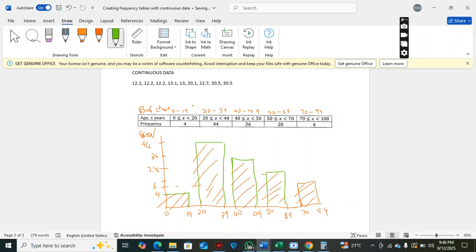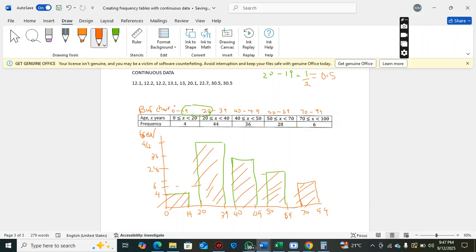We look at the upper limit for one class and the lower limit of the next class. Let's say this one, 20 minus 19, that is 1. You divide it by 2. After you find the difference between the upper limit of one class and the lower limit of the other class, you divide by 2, and you get 0.5.